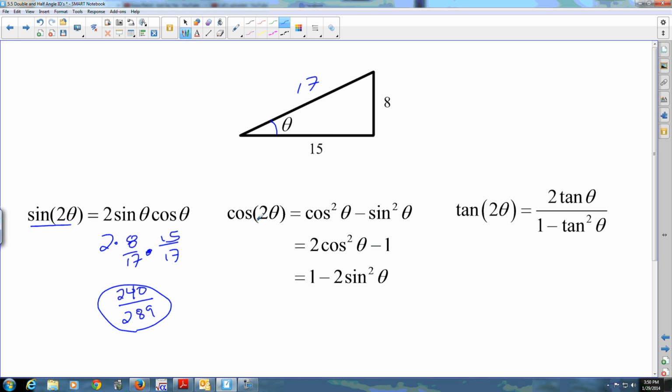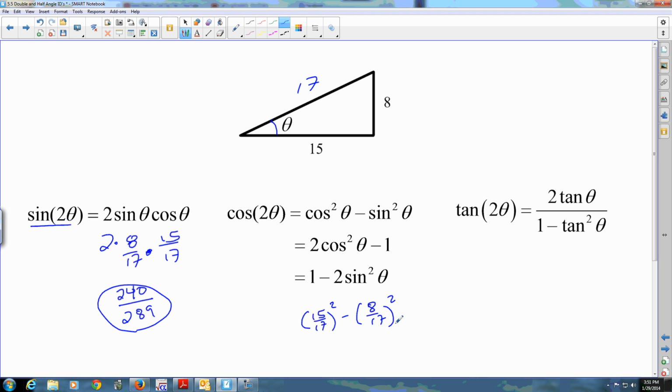If you wanted the cosine of twice that angle, you have a choice which one to use. Okay, let's do the first one. Cosine would be 15/17. So you got 15/17 squared minus sine, which would be 8/17 squared. Okay? Slap it in your calculator and see what you get.